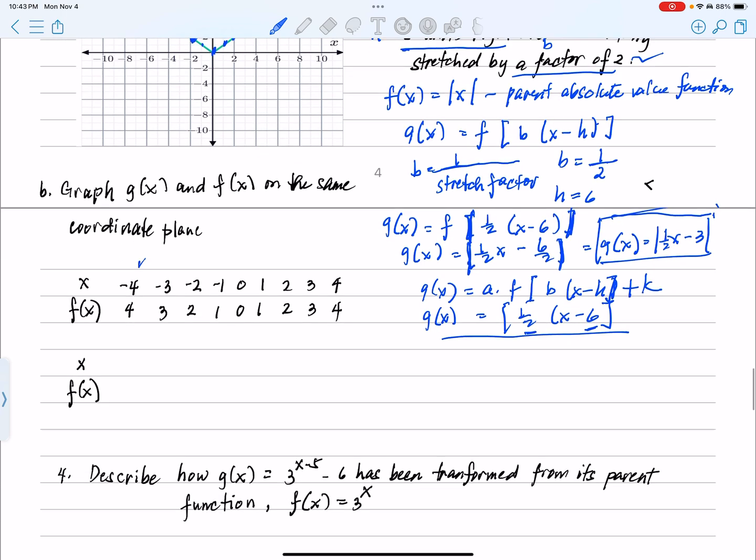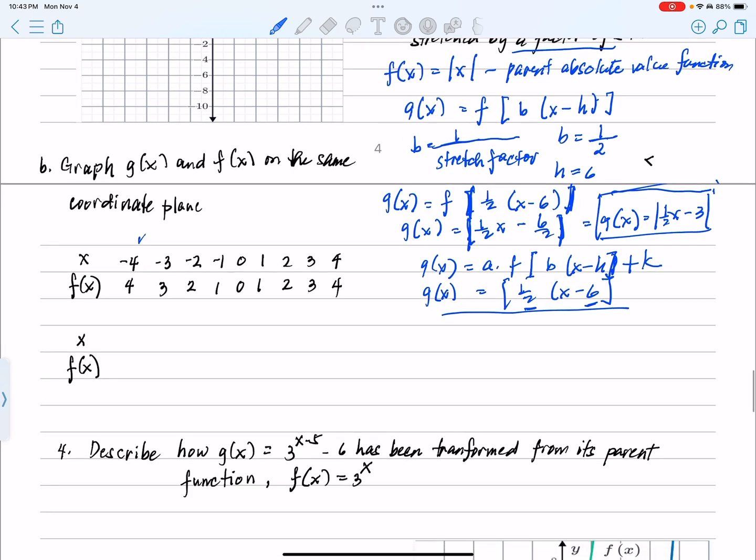We can double the x values and leave the y values the same. How about if I double negative 4 and make that negative 8, and negative 3 make that negative 6. Negative 2 is negative 4, negative 1 is negative 2, then I have 0, then 1 is 2, 2 is 4, 3 is 6, and 4 is 8.